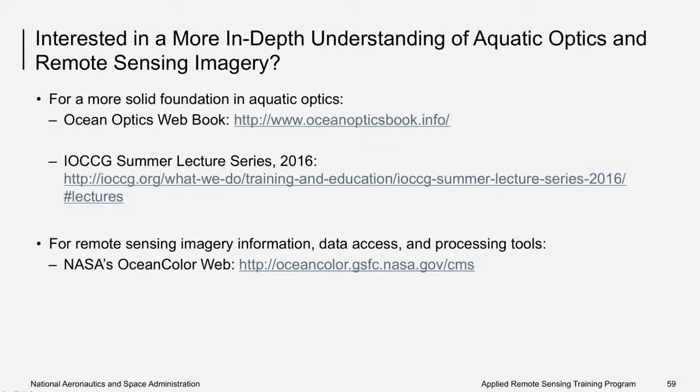There's also the IOCCG Summer Lecture Series from 2016 that has a wealth of information about in-water optics and also remote sensing imagery. And as noted previously, for more information on remote sensing, data access, and processing tools, this third link of the NASA Ocean Color Web has a wealth of information.